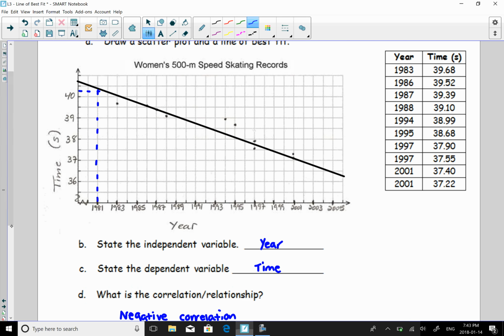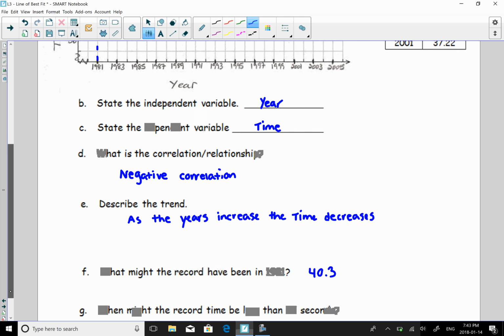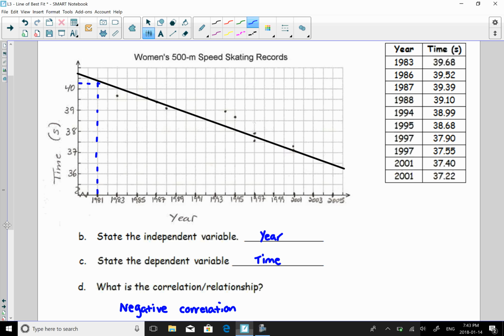And then it says, when might the record have been less than 37 seconds? So let's see, 37 seconds. Go across. So this is where you're using your line of best fit to make predictions. So approximately, oops, maybe I didn't go across enough.